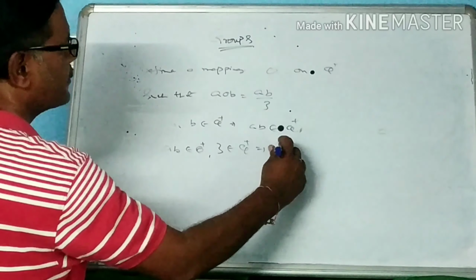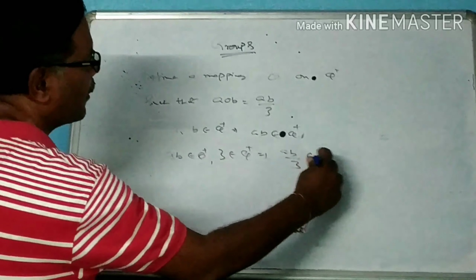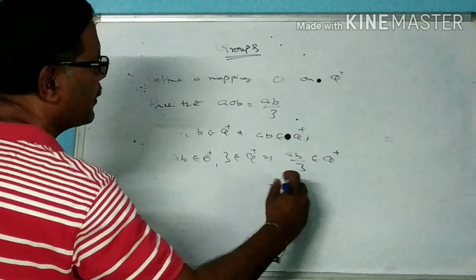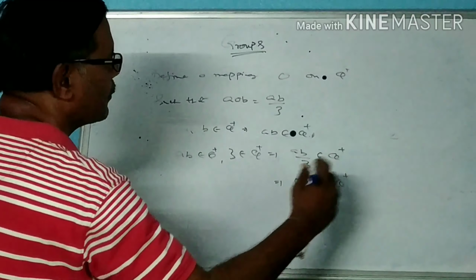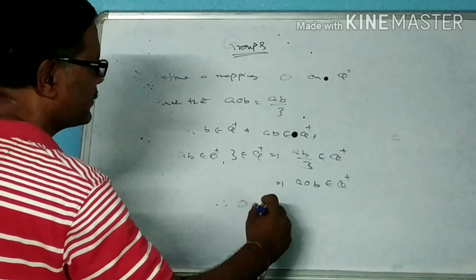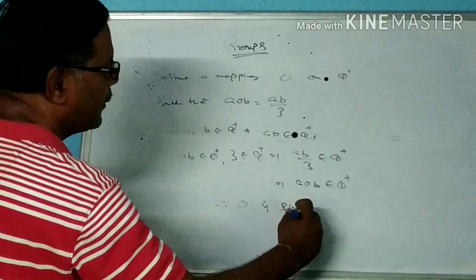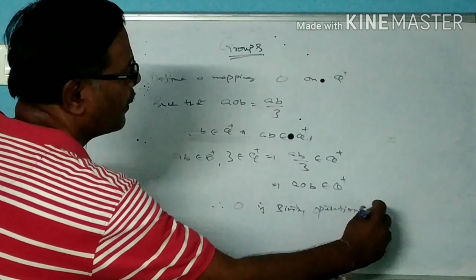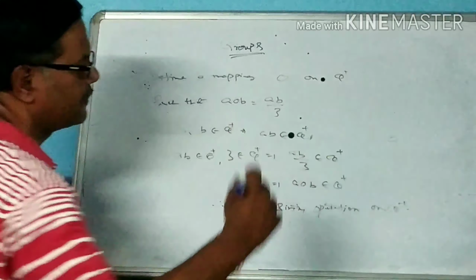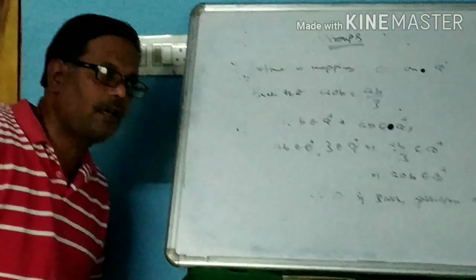This implies ab by 3 belongs to Q plus. This implies a circle b belongs to Q plus. Therefore, circle is a binary operation on Q plus.